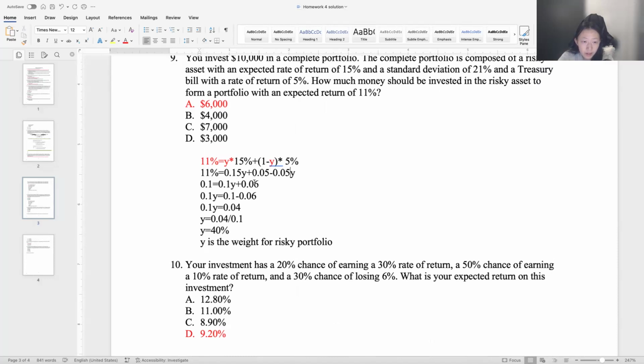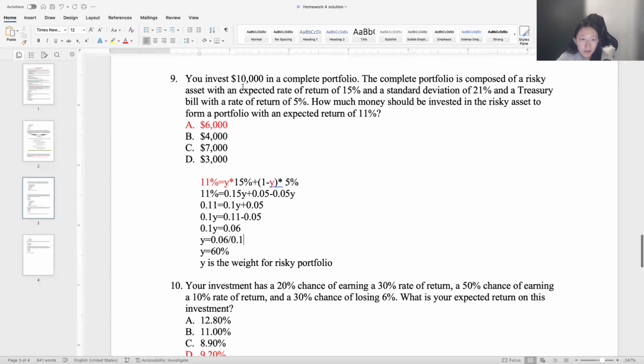So I have 0.11 on the left-hand side, and here is 0.05. So on the right-hand side, this and this: 0.06 divided by 0.1, then that will be 60%.